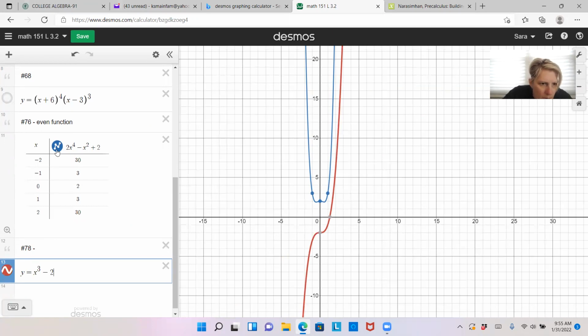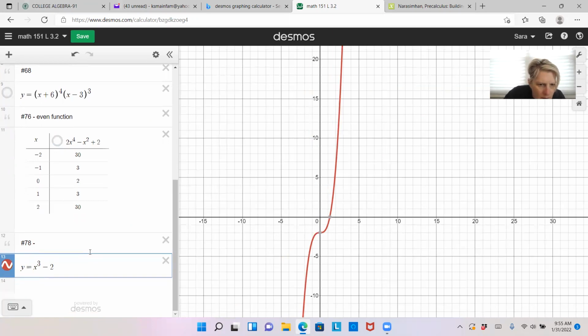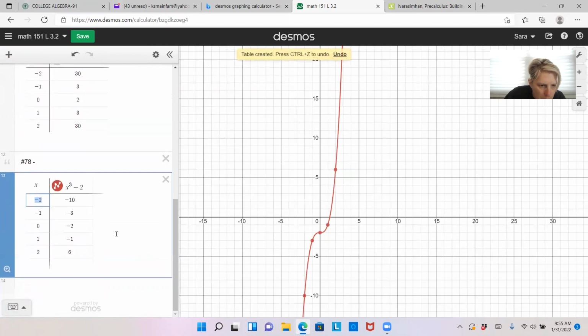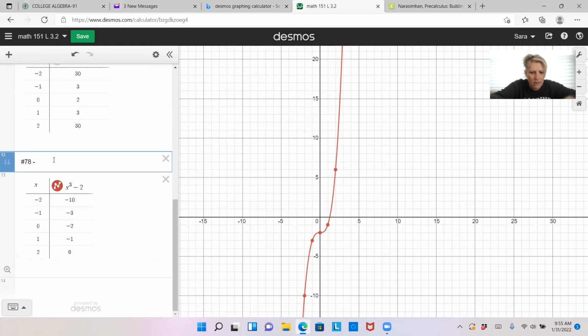So I'm going to turn off the blue graph here for a minute. So let's look at this. It looks like it could be odd, but again, let's go to the gear and look at the table. So when we put a -2 in, we get a -10. And then when we put in 2, we should get a +10, but we don't, we get a 6. So it's neither.